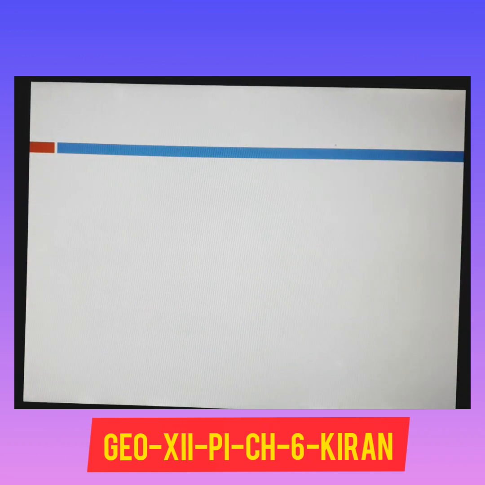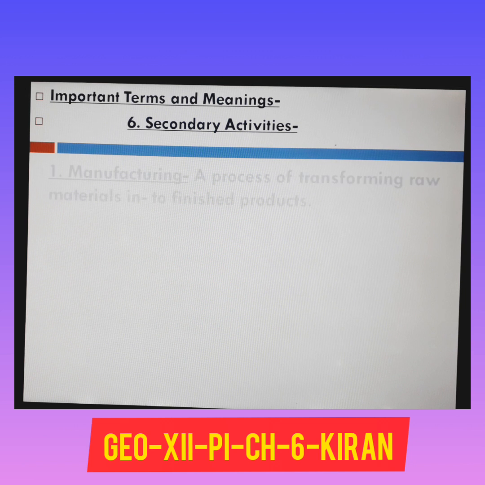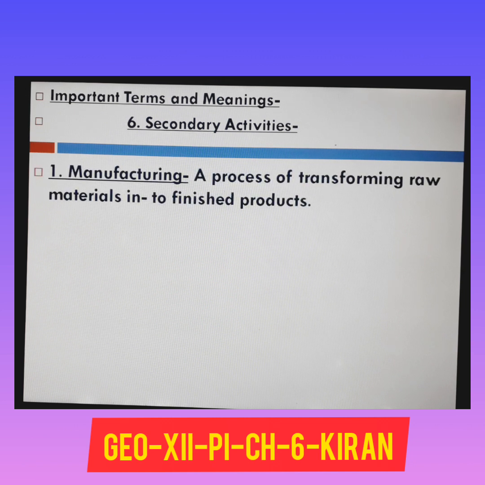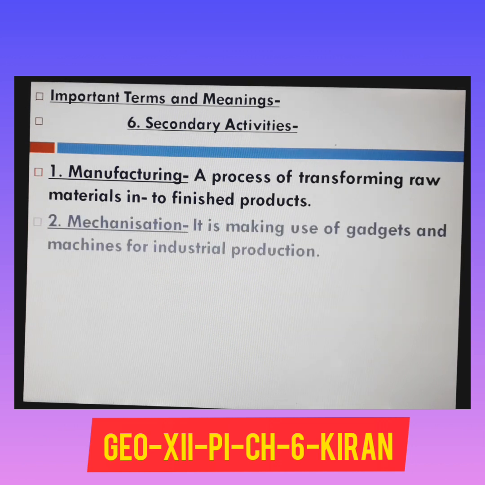So, before we understand about the different contents of chapter number 6, secondary activities, it is better to know the important terms and meanings. First one, manufacturing, a process of transforming raw materials into finished products. Mechanization, it is making use of gadgets and machines for industrial production.